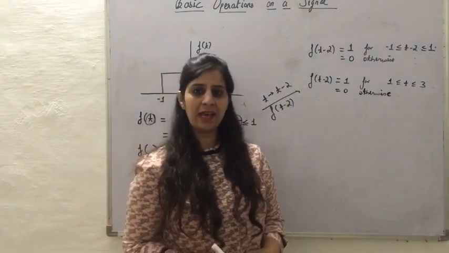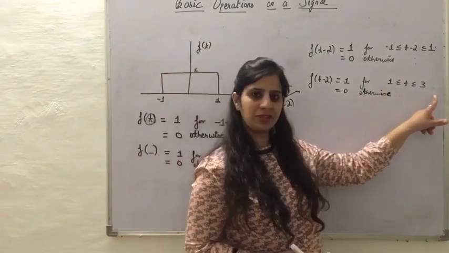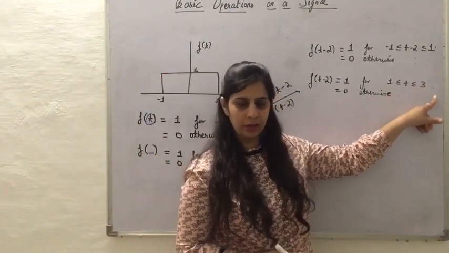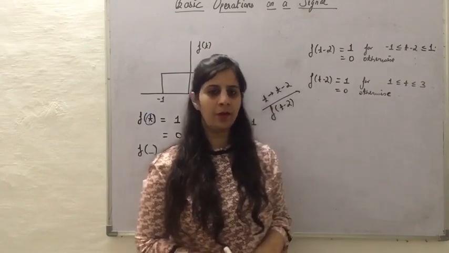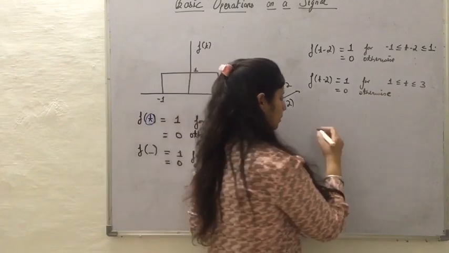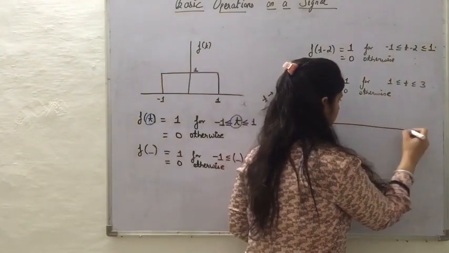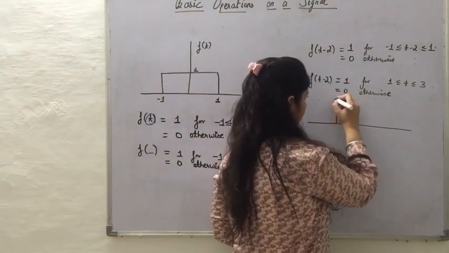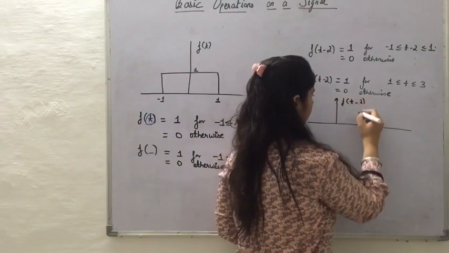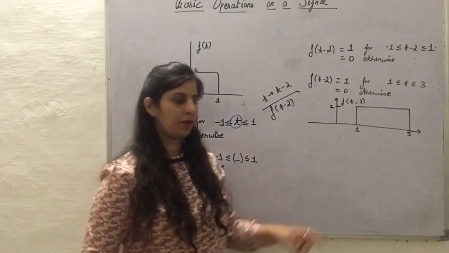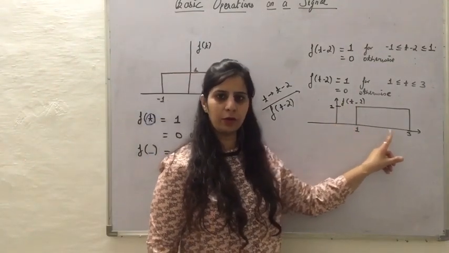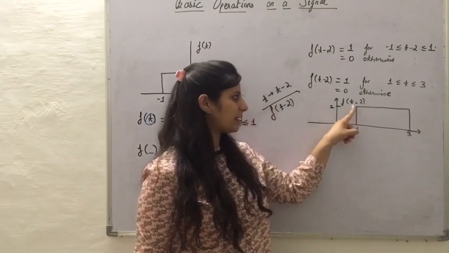What we see here is, now the time has changed and it has changed to 1, 2, 3. So the waveform will now be from time 1 to 3. So now f t minus 2 is a signal that is from 1 to 3 and has an amplitude 1, same as this signal.